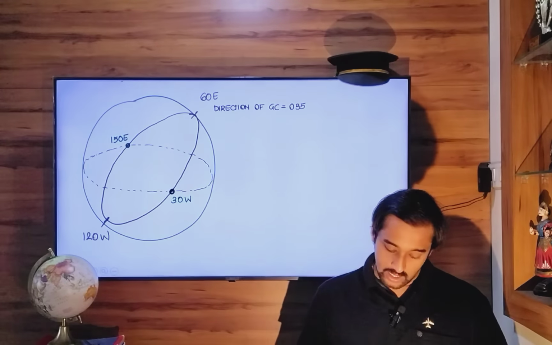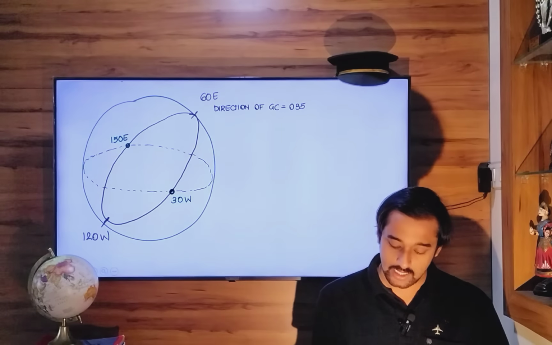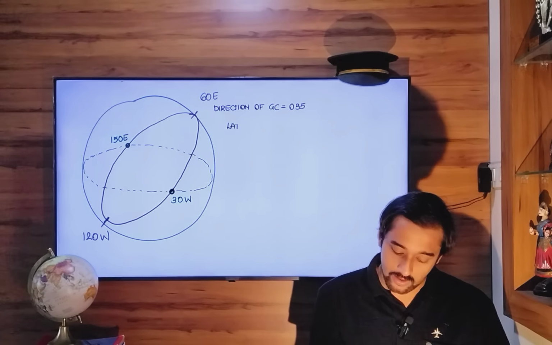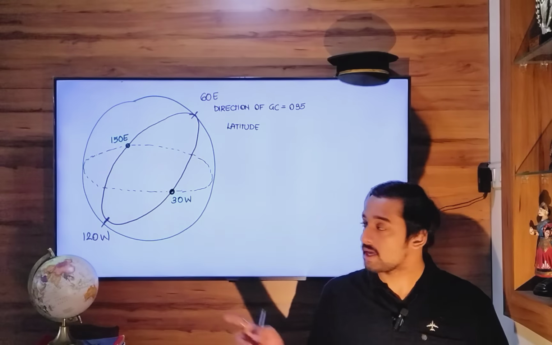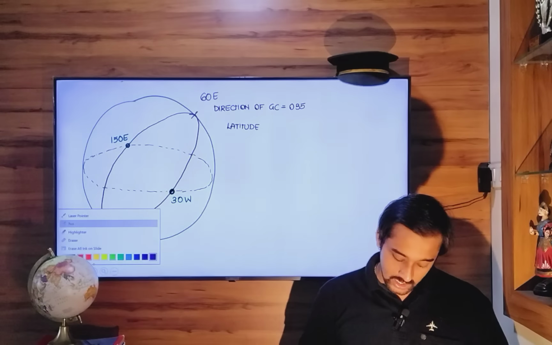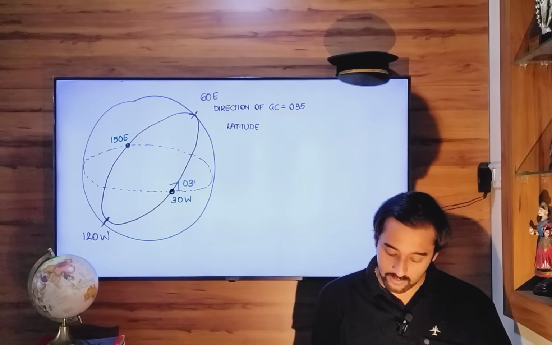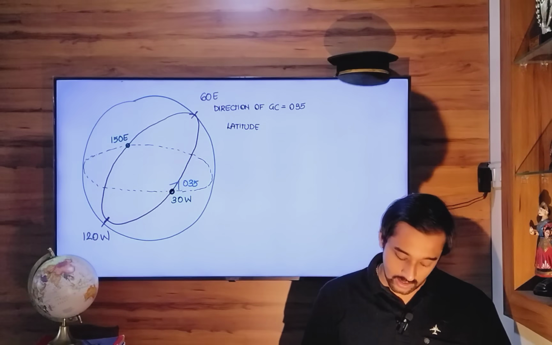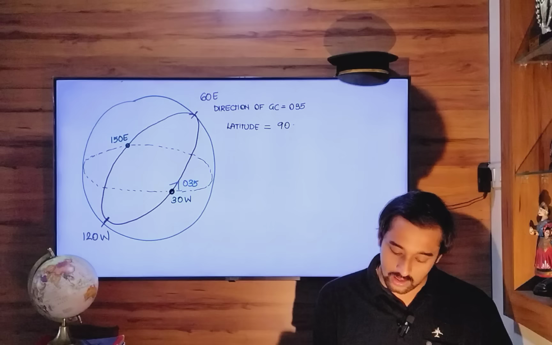Latitude. To find the latitude of the northern vertex, it will depend on the direction of your great circle at the equator, which is given as 035. So to find latitude, you will have to subtract 35 from 90.